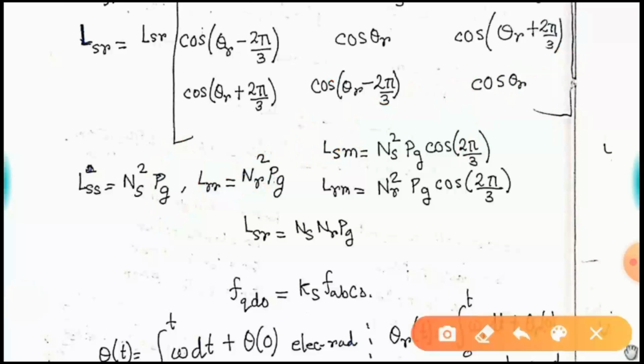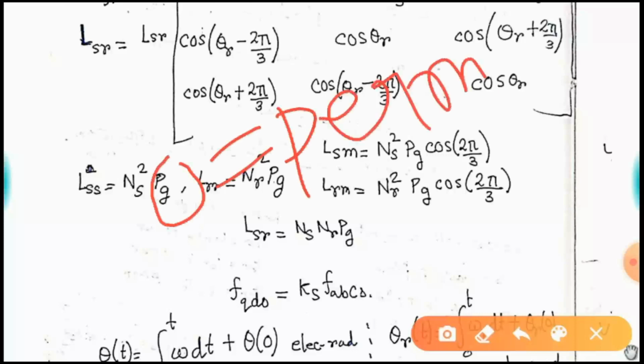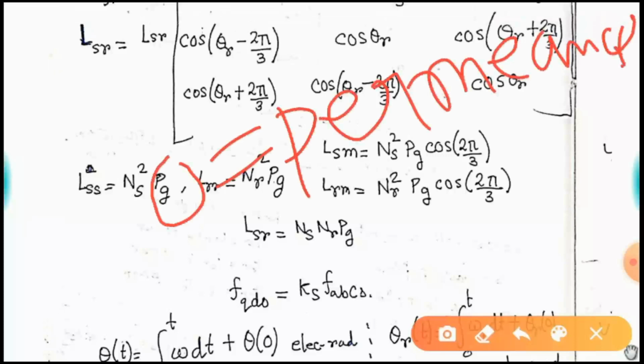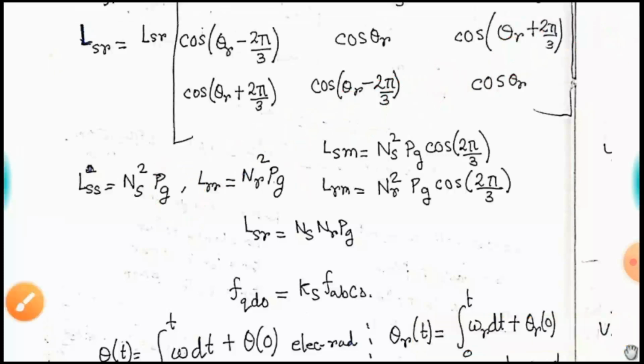This PG is not the air gap, it is the permeance. Yes, it is the permeance. We know that if we multiply the number of turns with permeance, actually the unit of permeance is also Henry. So if we multiply that, we will get that.